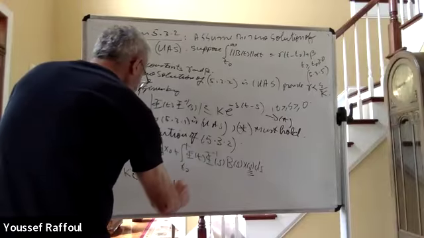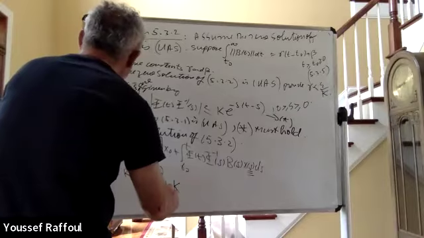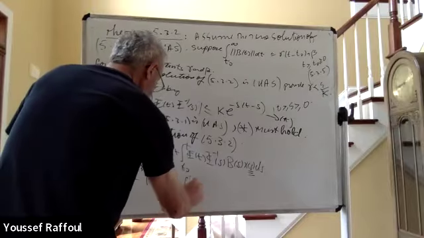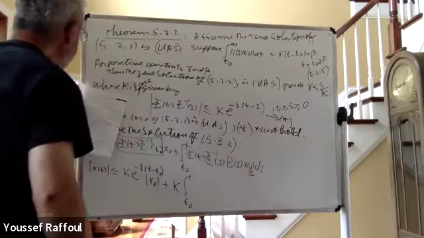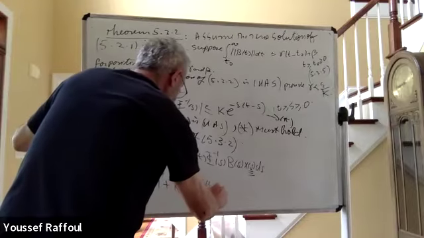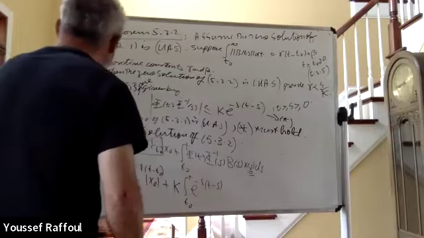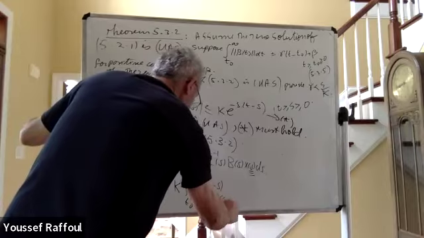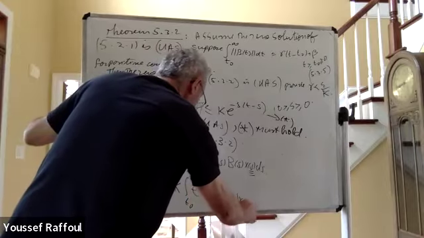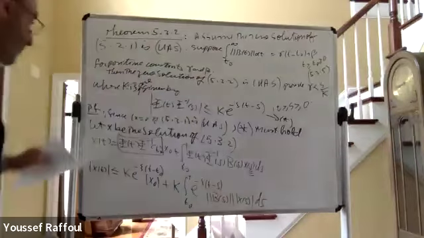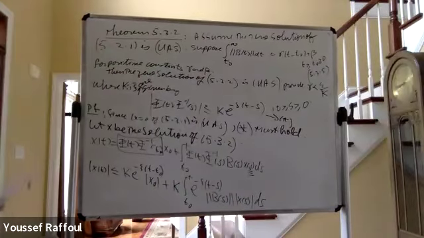Plus K, integral from t naught to t, e to the minus of C (t minus s), x of s ds. Okay?